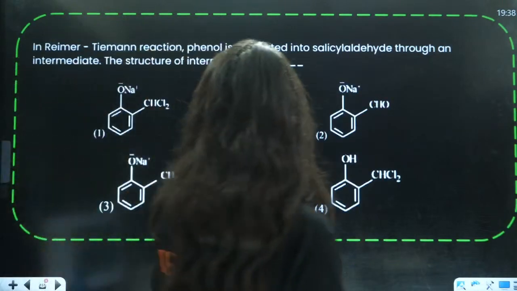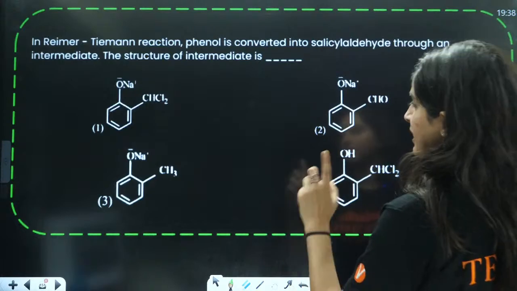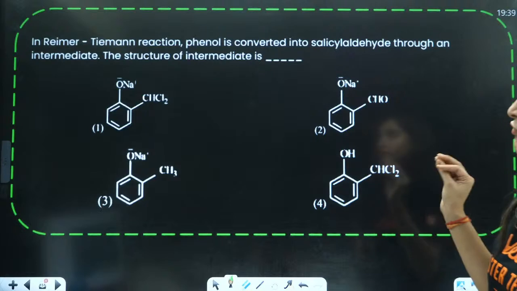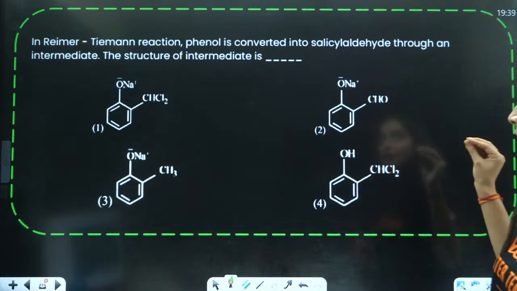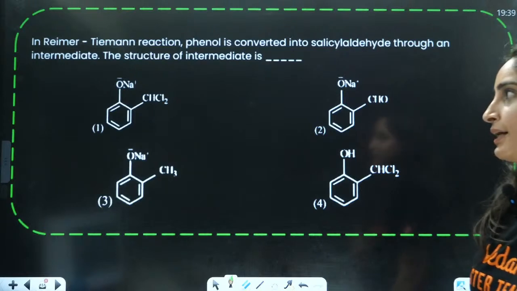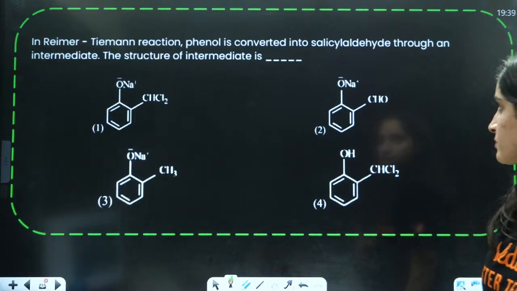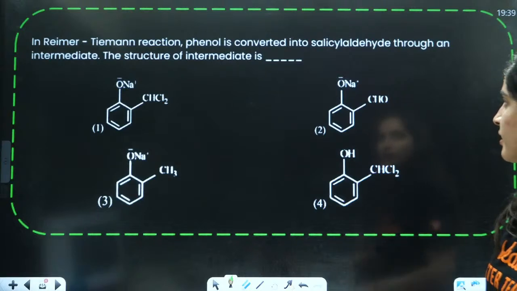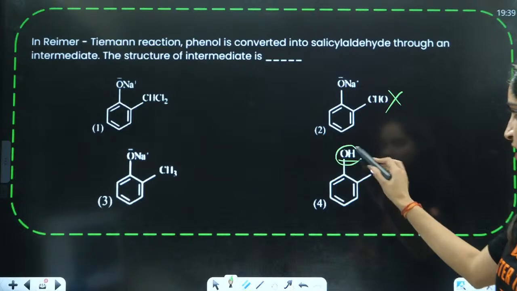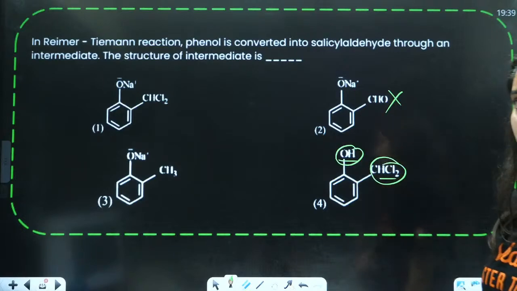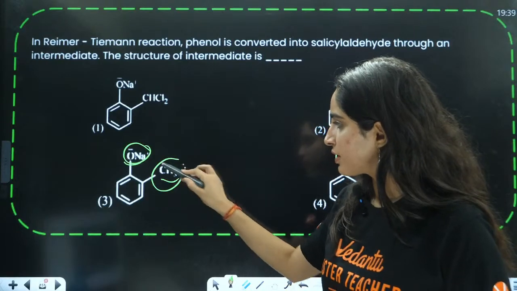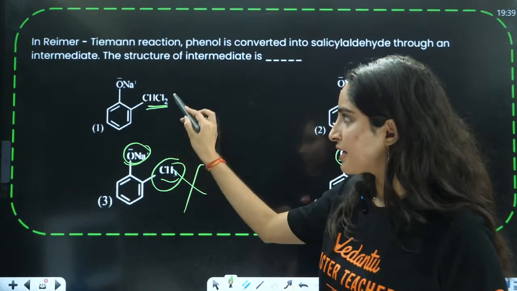Next, in a Reimer-Tiemann reaction, phenol is converted to salicylic aldehyde through an intermediate. What is that intermediate? This is CHO, definitely this is not the intermediate. Here you have OH, here you have CHCl2, this can be. Here you have OH and here you have CH3, this is definitely not. Here you have CHCl2, which is correct.